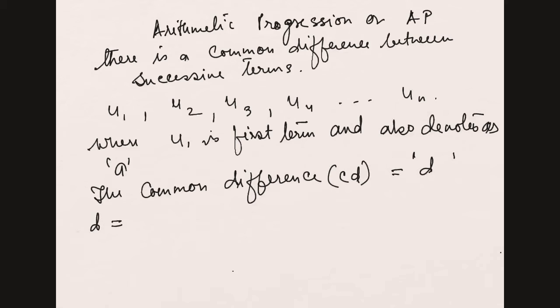D is nothing but the difference between the successive terms, meaning U2 minus U1 equals U3 minus U2 equals U4 minus U3 equals dot dot dot Un minus Un-1. So this goes on like this.